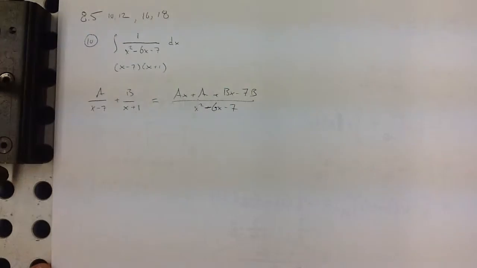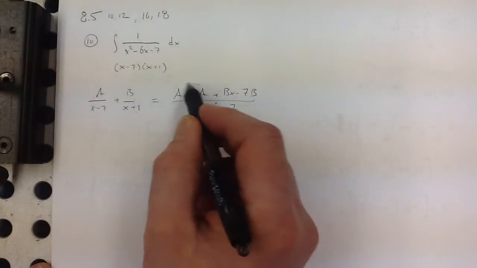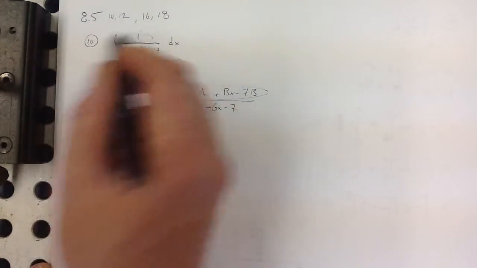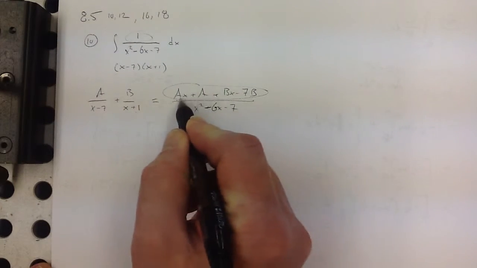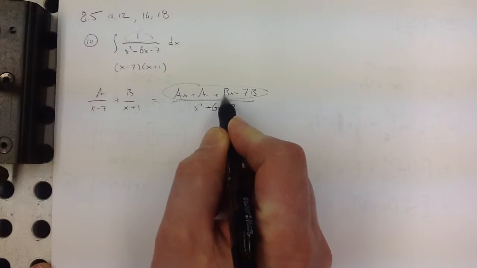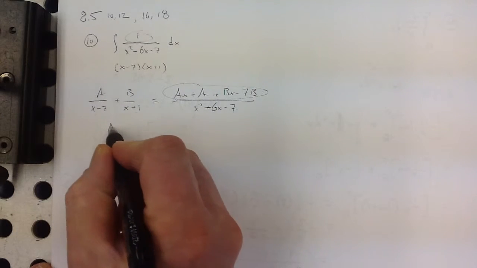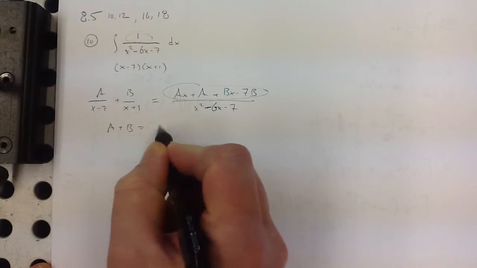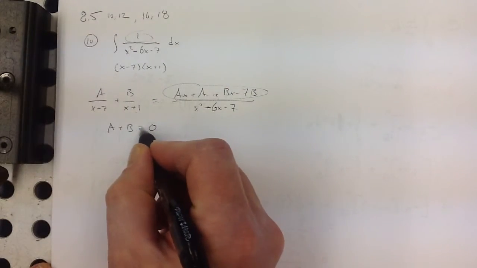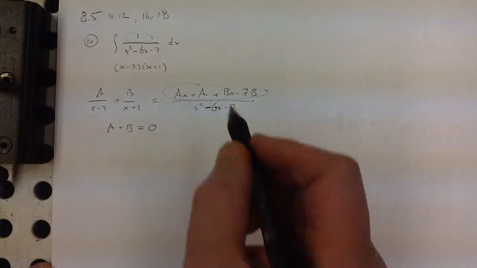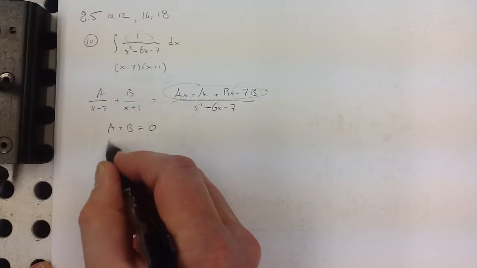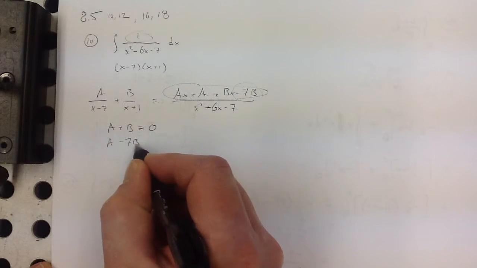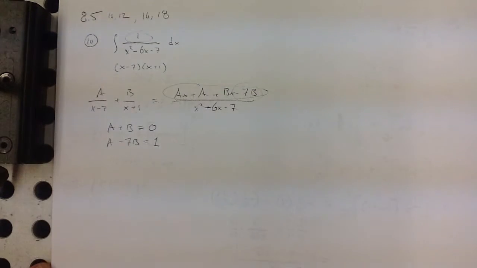You can leave it as factored there. It does not matter, because what we need to do is make this match up to this. All right, so here the coefficients of my x term are a plus b. But there ain't no x's, so that's got to be 0. Then the coefficient of my constant is a minus 7b, and that's got to equal 1.